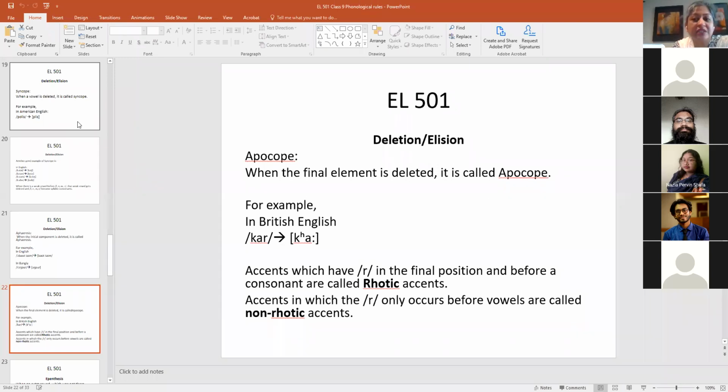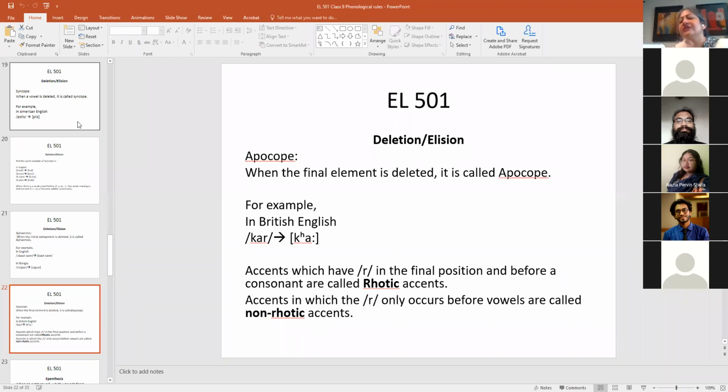But in British English, instead of saying car, they will say cah. Cah is actually how Boston English sounds. The British English is cah. So any sound at the end of a word, whether a consonant or a vowel, if it gets deleted, then that is apocope.